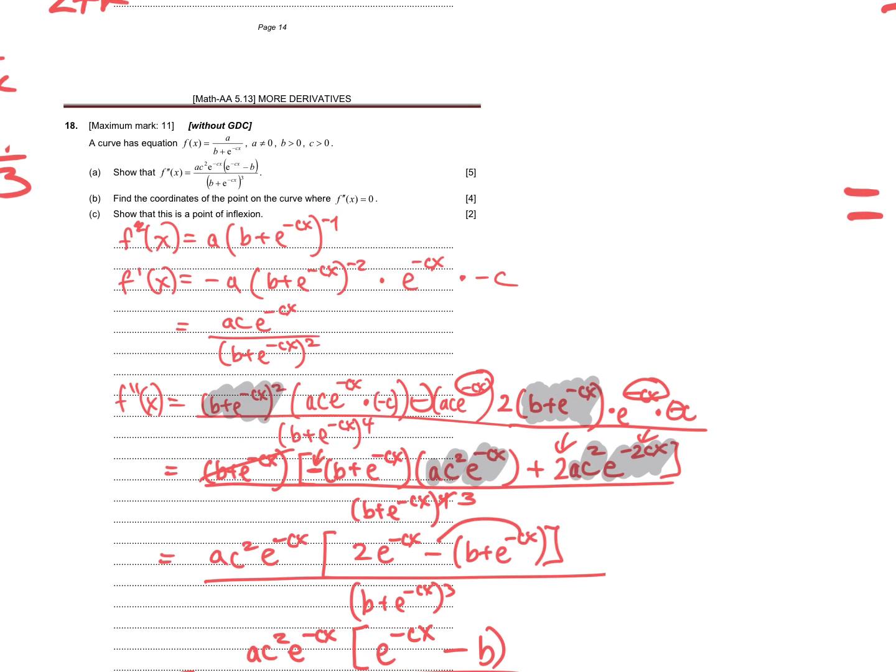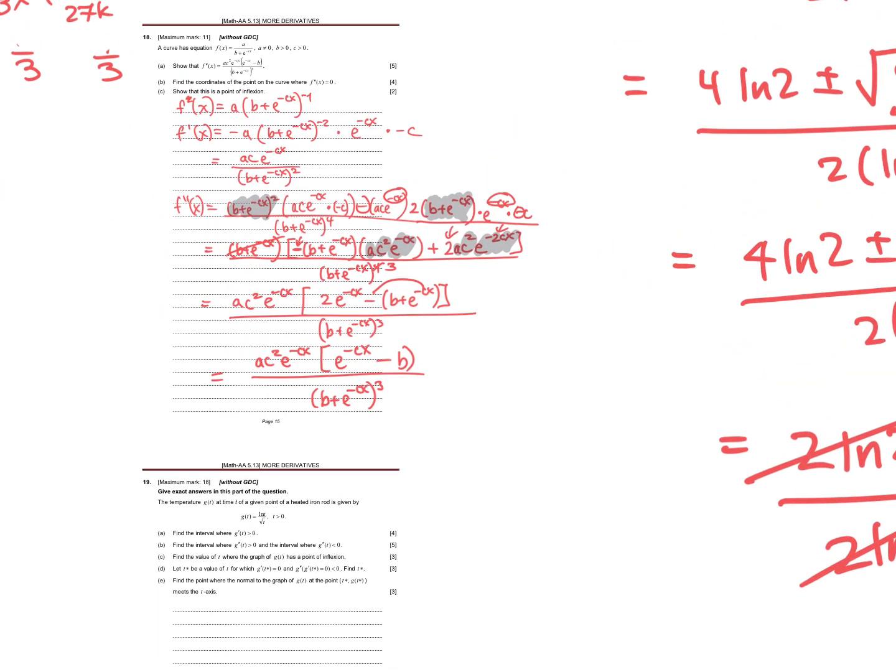Okay, so find the coordinates of the point on the curve where the second derivative is equal to 0. So this equals 0, denominator goes away. A c squared e to the negative cx, e to the negative cx minus b equals 0.